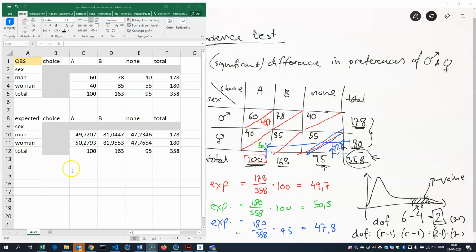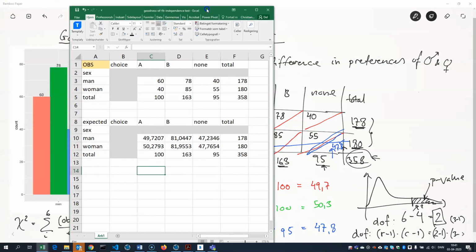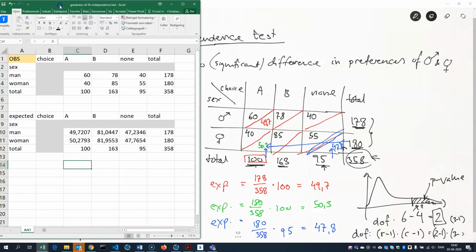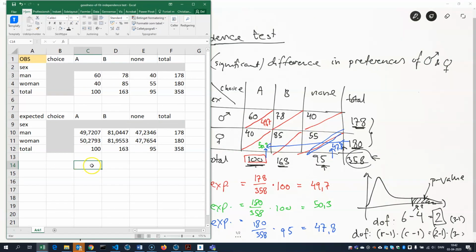So now I want to do the individual chi-square contributions, or terms in the sum if you like. Let's just remind ourselves what it looks like. I want to compute, we have 6 of these terms here, one for each cell, one for each expected value, you might say, or one for each observation. So I'll compute those 6 terms in the sum, arranging them in this table manner here.